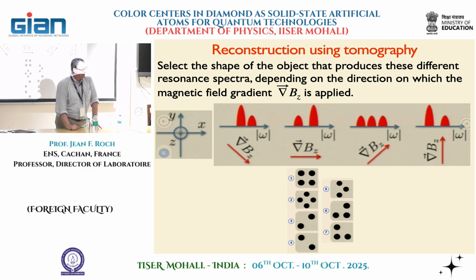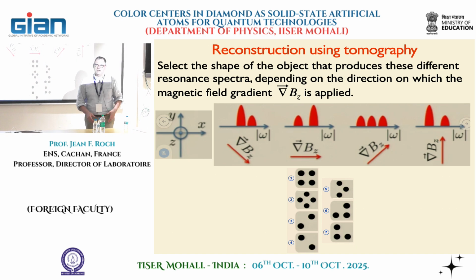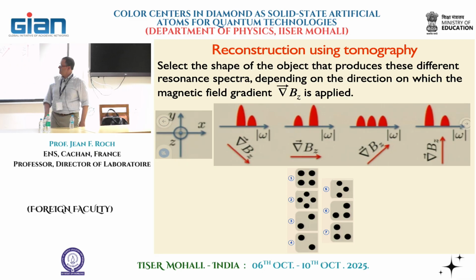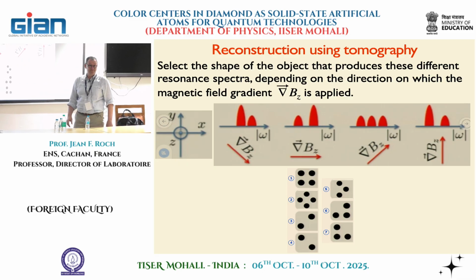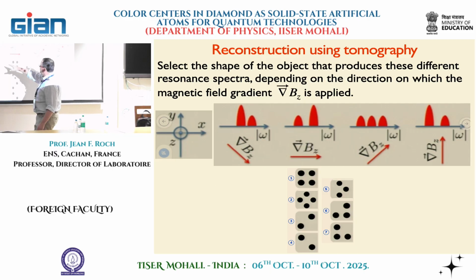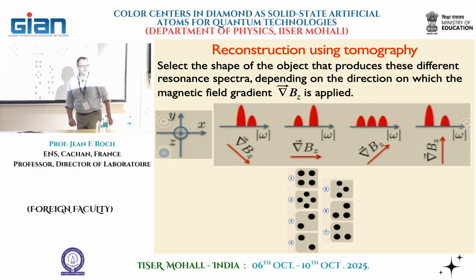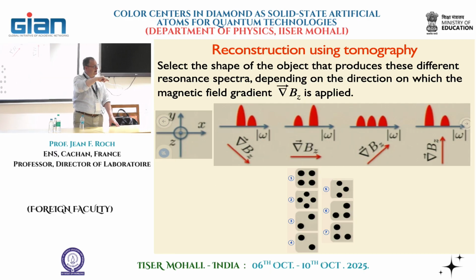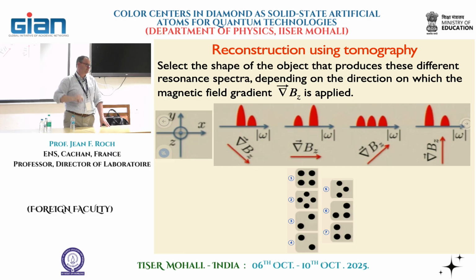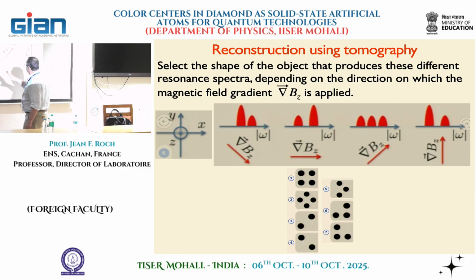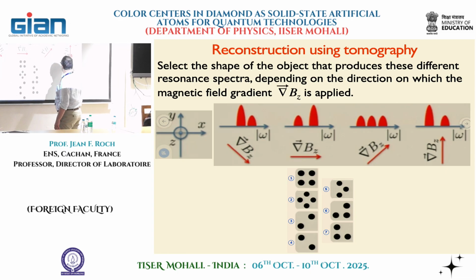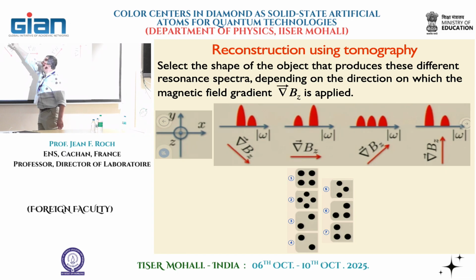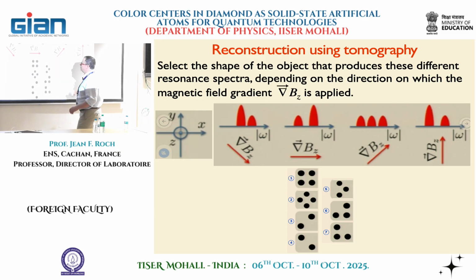Now, along this signal, I will have different frequencies. For a given direction of the gradient of the magnetic field, I will record a different profile of the resonance signal. For instance, if I use 4 projections, 4 directions of the magnetic field, I detect this, suppose I have this signal.